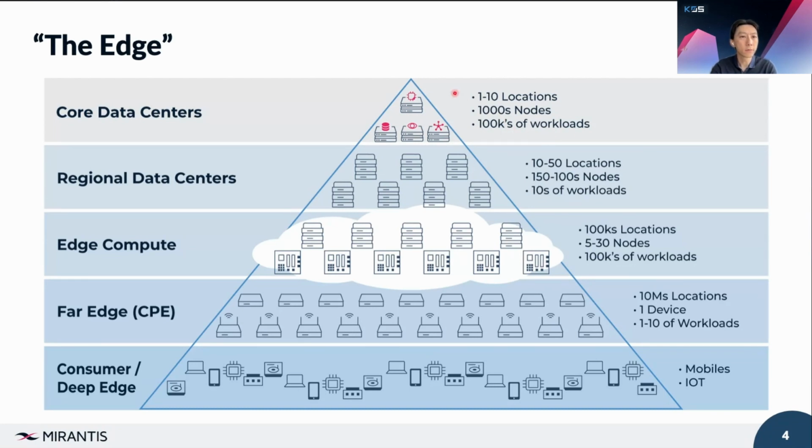These core data centers then will feed into your regional data centers. They'll spread a bit more, and depending on the direction of traffic, will also feed back into the core data centers. They're going to be more widely distributed than your core data center, probably designed to serve multiple geographic areas and have a number of smaller compute, but still pretty significant in terms of work and workloads as well.